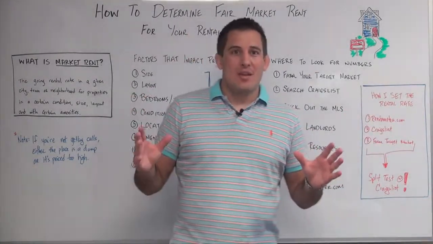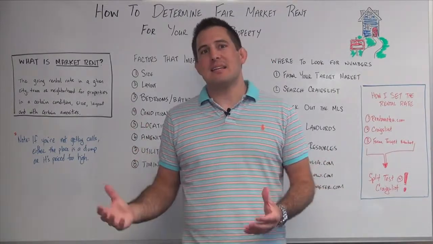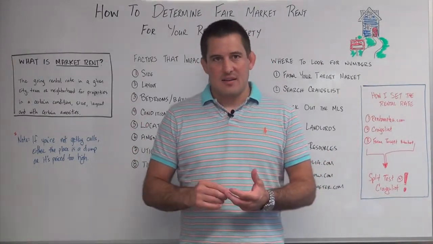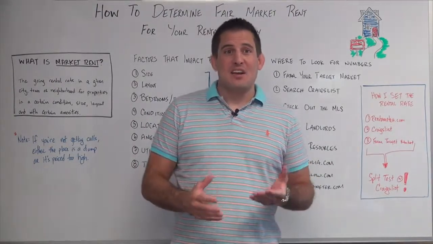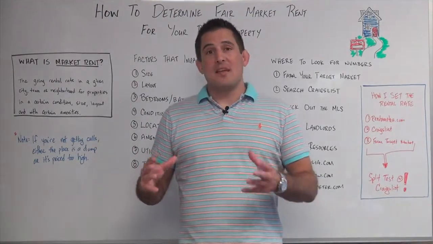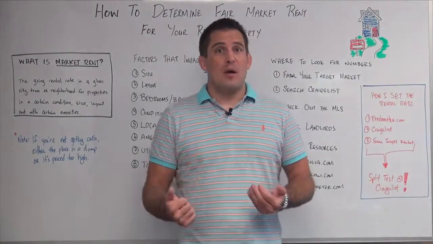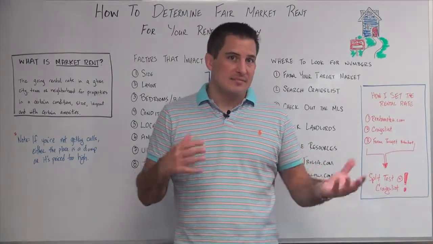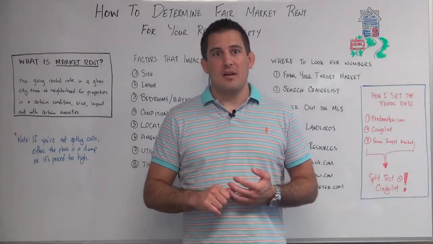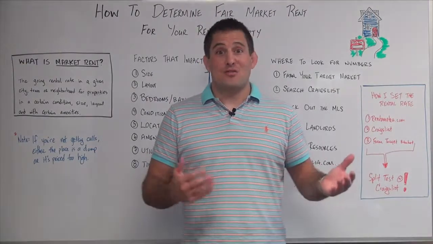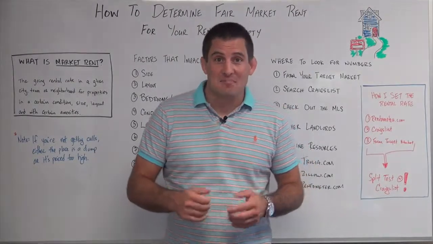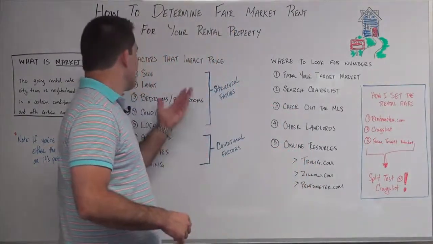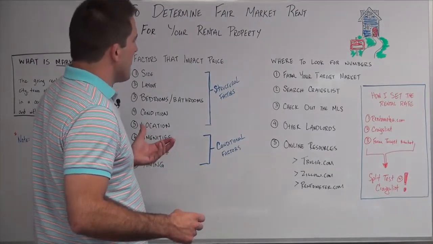So if you miss that window, you could have a property sitting vacant for an entire year. It's a terrible situation, and it's something that you got to keep in mind. If you miss that window, you better be willing to drop price and anticipate taking a lower rental rate in exchange for just getting the place filled until next year when you can rent to students again. Okay, so these are some factors that are going to impact your price.